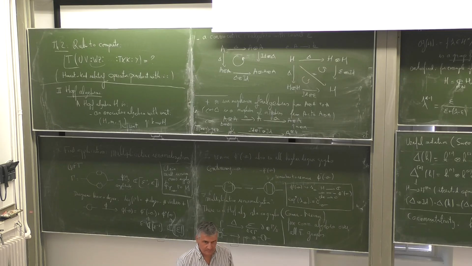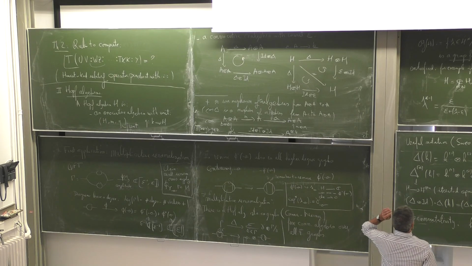Sorry, maybe I missed it, but when you defined the Hopf algebra, where is the antipode? Oh, I forgot the antipode. Yes, you're right. I forgot the antipode for a simple reason. In the kind of situation I'm considering, there's always an antipode because I'm always in a situation where this hypothesis applies.